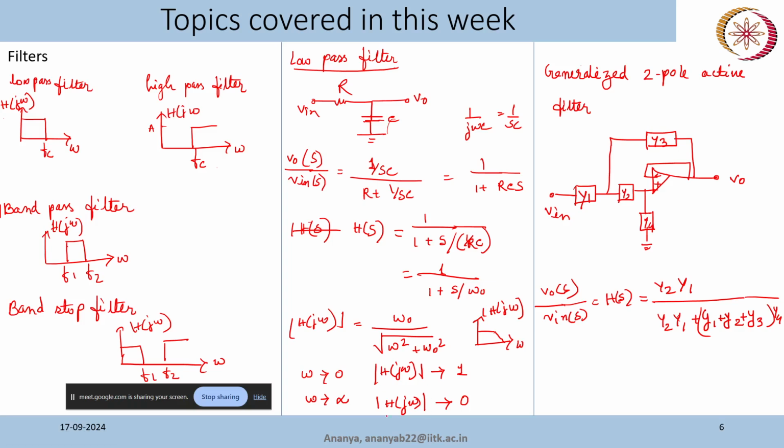By this kind of analysis, when frequency is equal to 0, and when frequency tends to infinity, that means frequency is very high, you can see what type of filter this is. So these were the topics covered in this week.